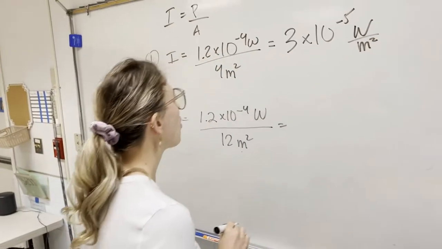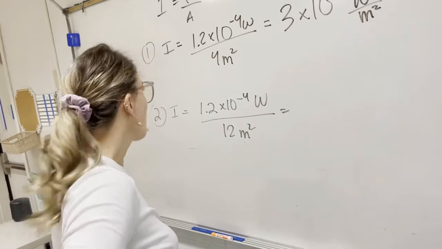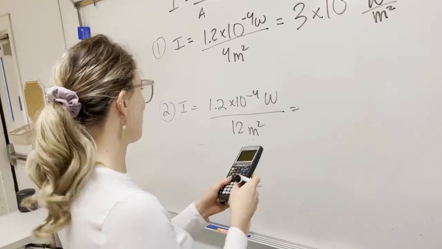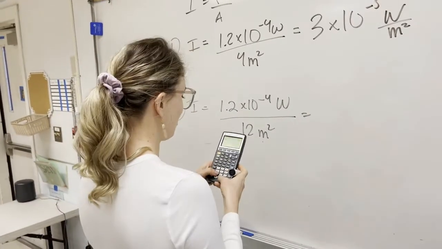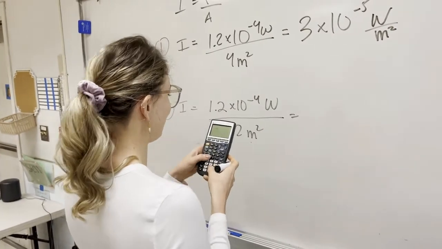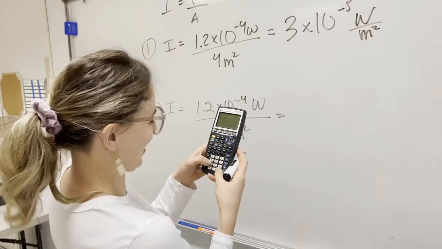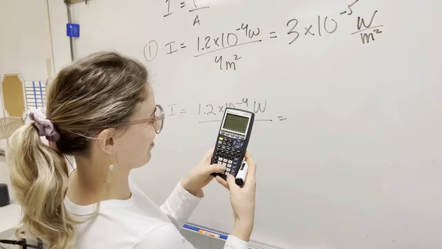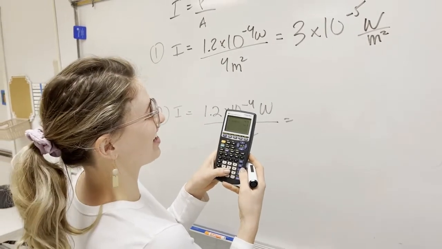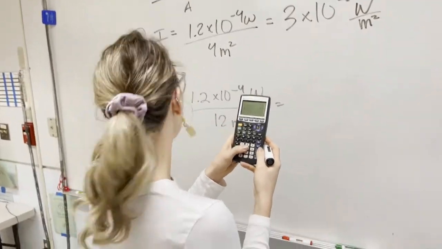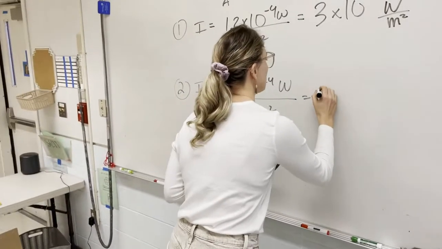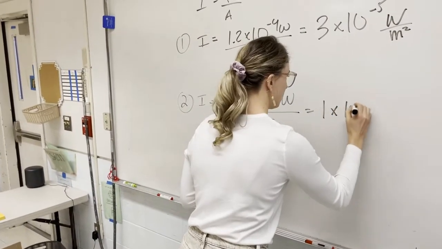Then for the second, 10 to the negative 4 divided by 12, and we get 1 times 10 to the negative 5. Did I put that right? Yep.